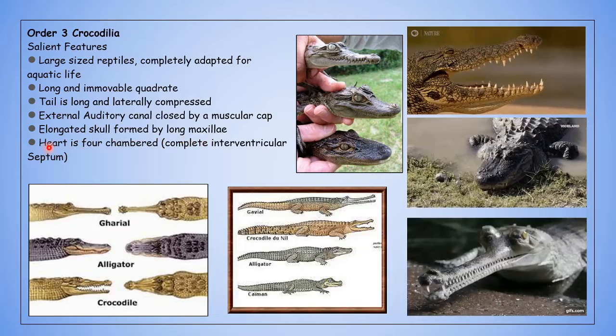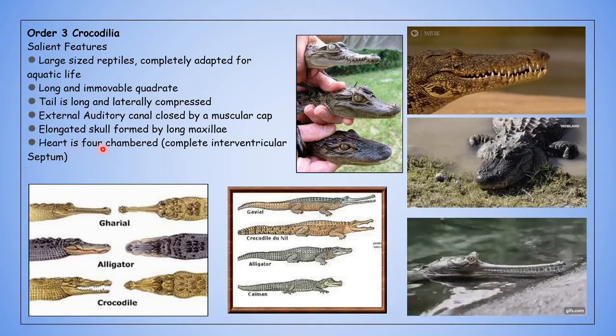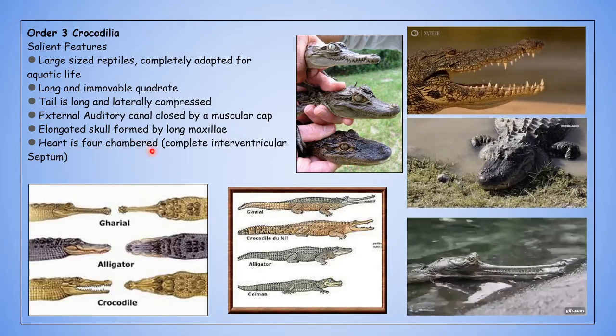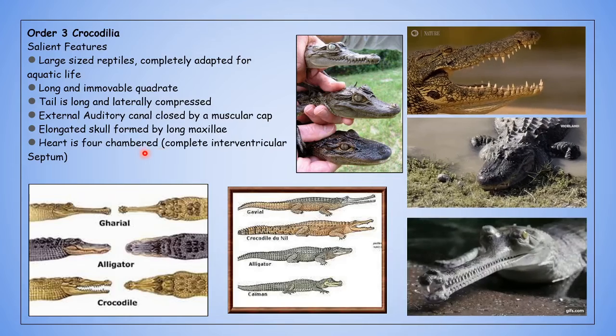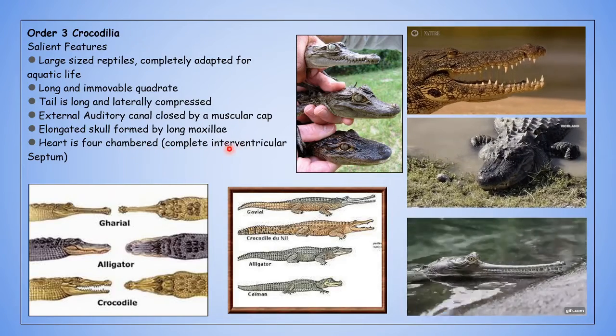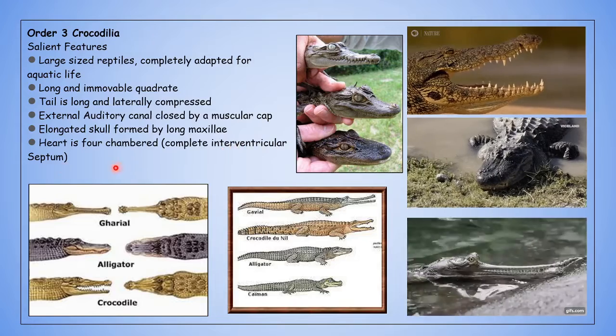Another important feature of Crocodilia is they show a mammalian-like heart, or an avian-like heart, which is four-chambered because it has a complete interventricular septum.